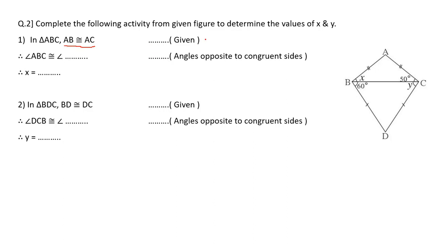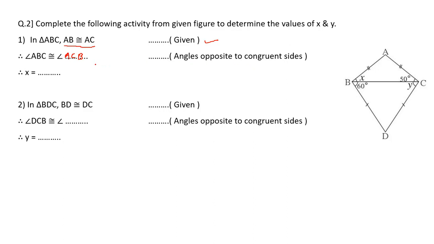It is given. Now angle ABC is congruent, look here, to angle ACB, because angles opposite to congruent sides.